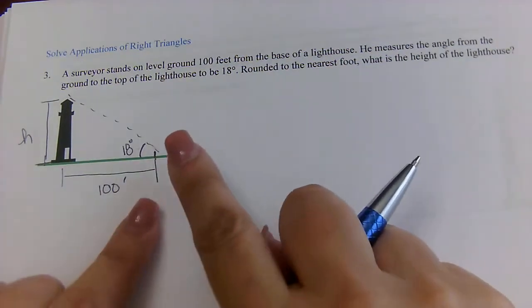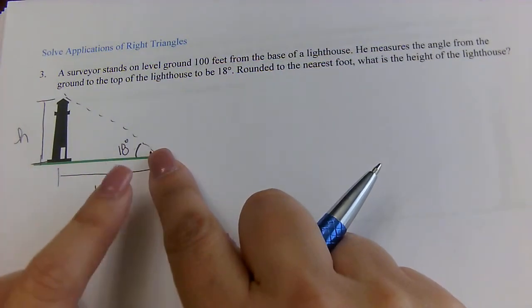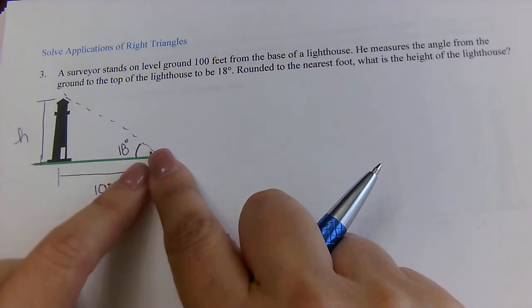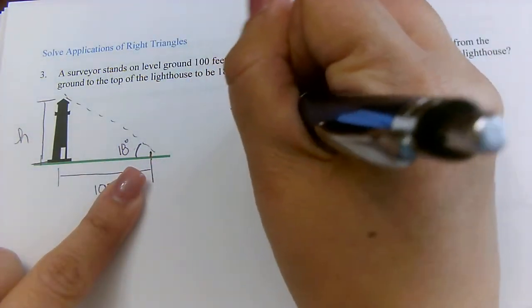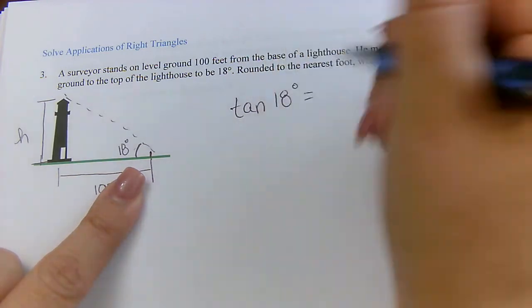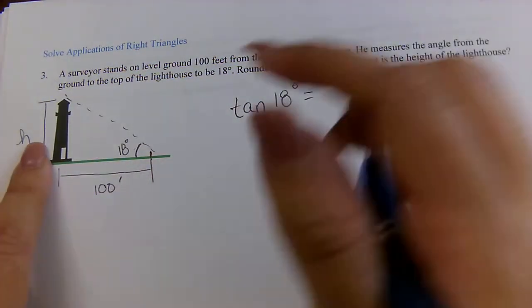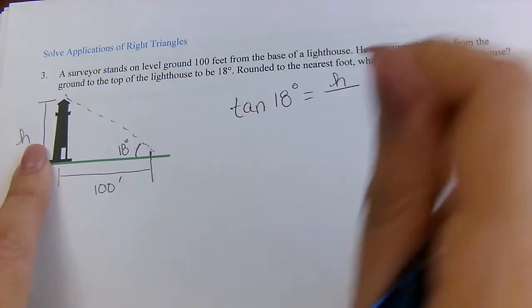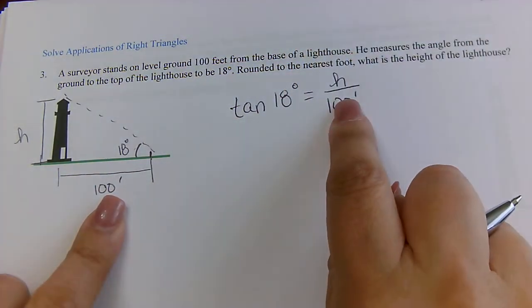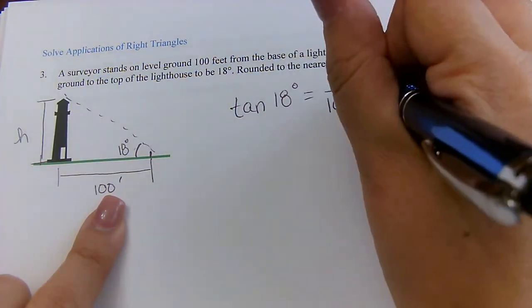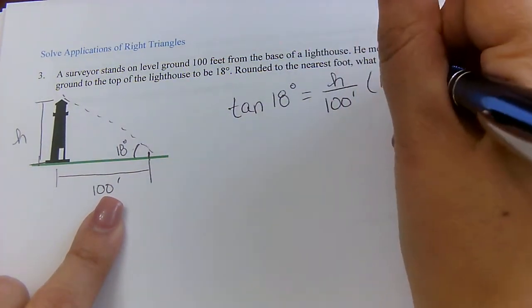So here we're given an angle, we're given the adjacent, and we're looking for the opposite. So tangent of 18 degrees is equal to opposite, which is H, over adjacent, which is 100. I can solve for H by multiplying both sides by 100.